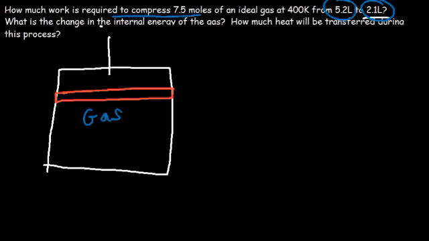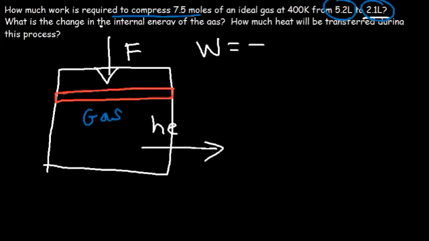Now, as work is being done on the gas to compress it, so work is negative, we can see that the volume is decreasing. The gas is releasing heat into the environment. Now, this is occurring at such a rate that the temperature remains constant. So the energy that's going into the system to compress the gas is leaving the system as heat.